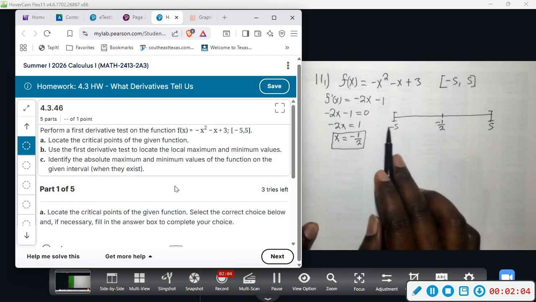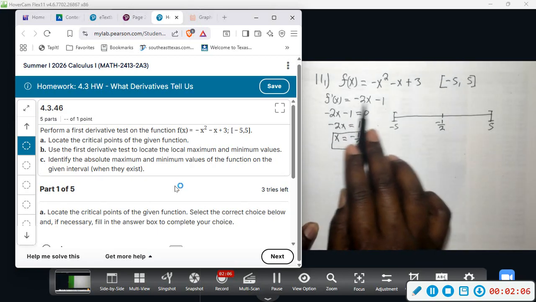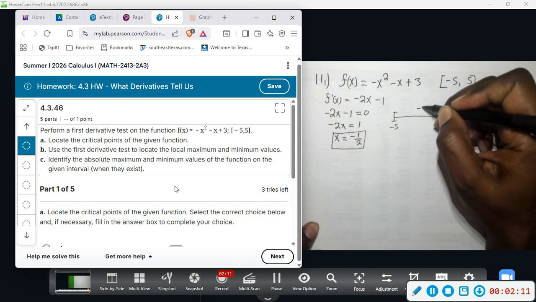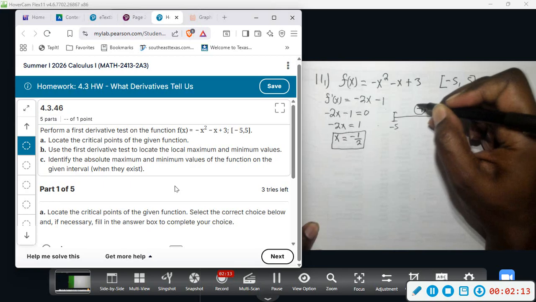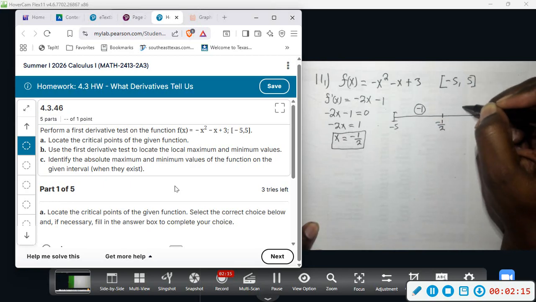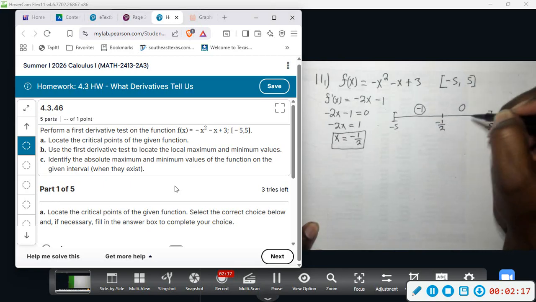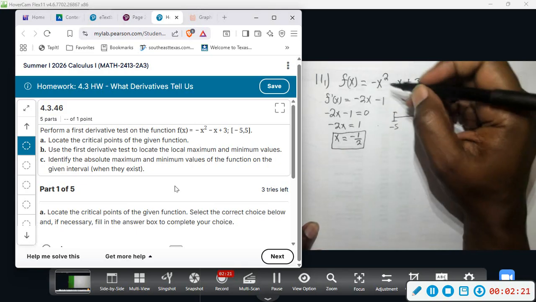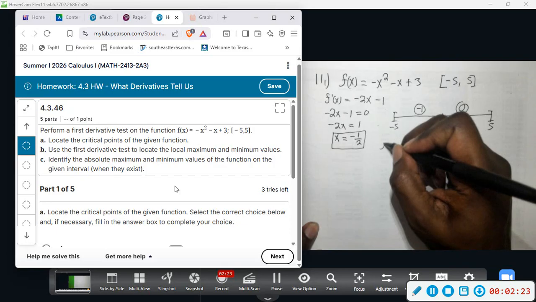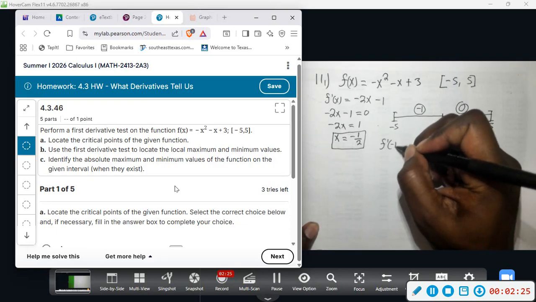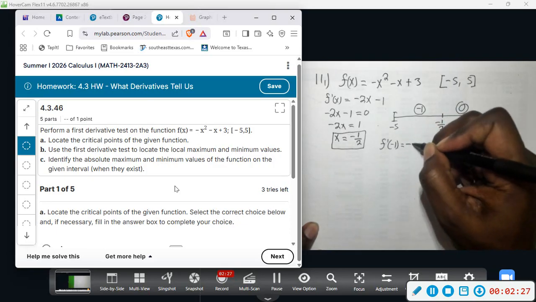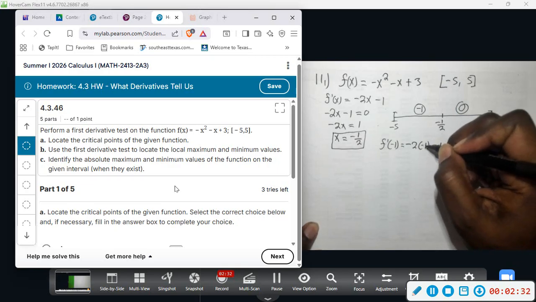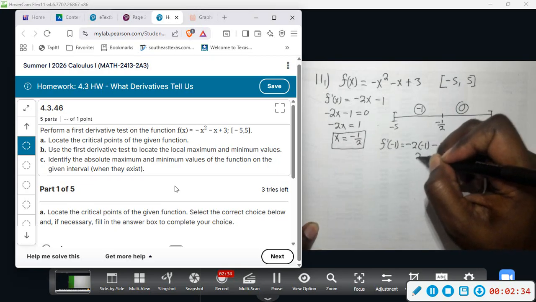We are going to test some values using this function. Easy number on the left side here is negative 1, so I'm going to use that as a test point. Over here, I'm going to use 0, so on the other side of the negatives. If I plug in negative 1, I'm going to go ahead and write it all out. Negative 2 times negative 1 minus 1. Negative times a negative is a positive.